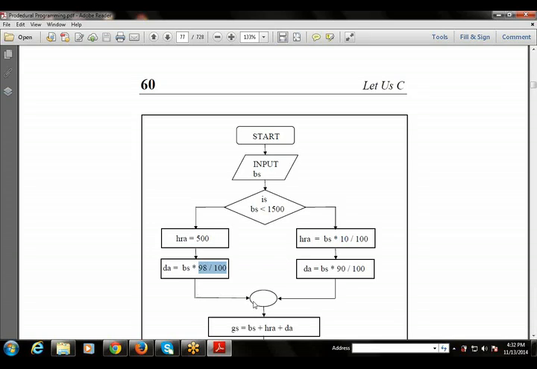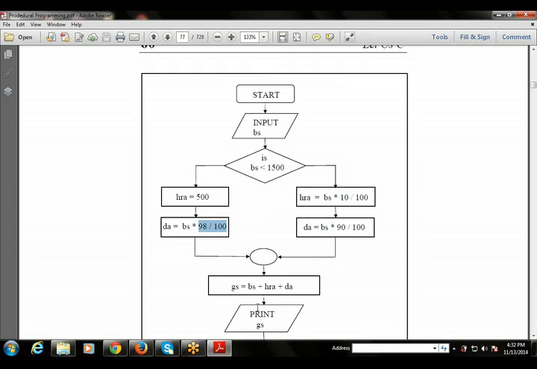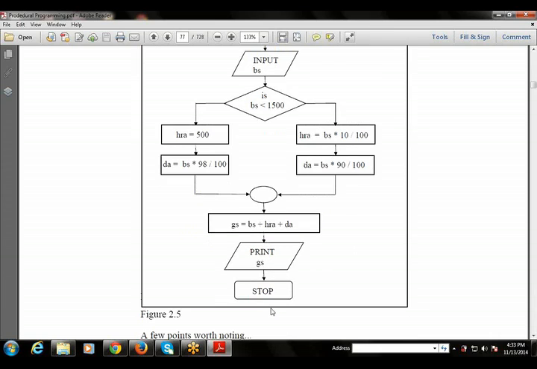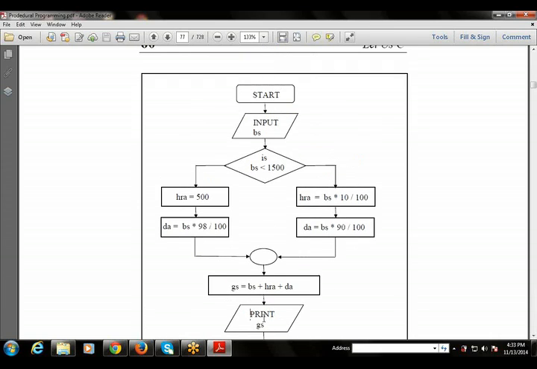At last both outputs are used to calculate the gross salary, that is basic salary, HRA, DA. So these are the 3 inputs available to calculate the gross salary, that is basic salary, HRA and DA. At last print the gross salary.